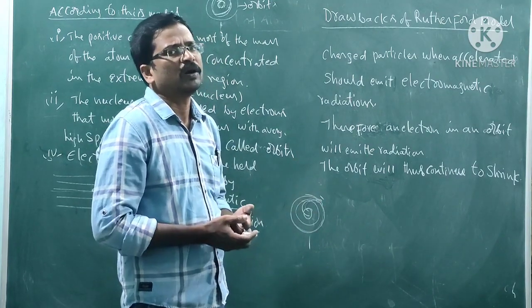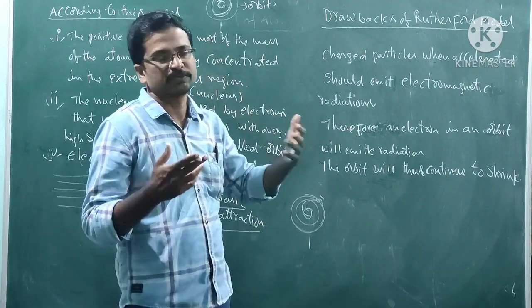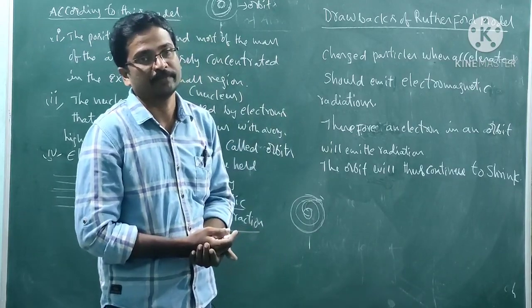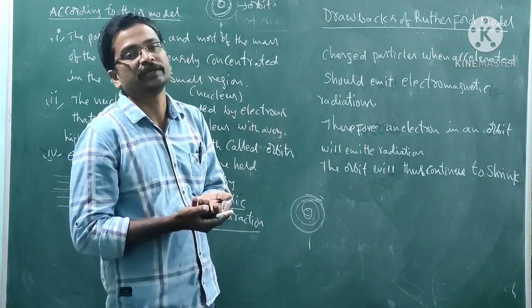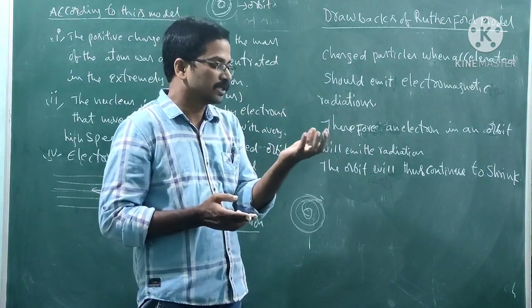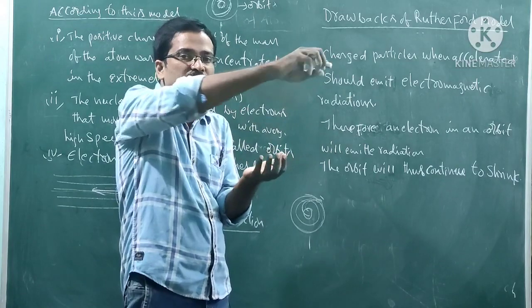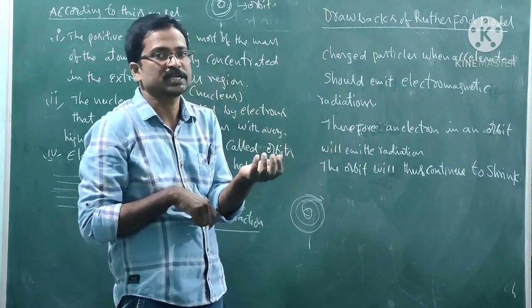We know this model is similar to the planetary model. According to the planetary model, the sun is present in the center and planets are revolving around the sun.